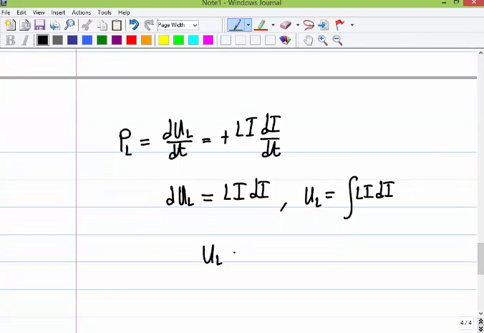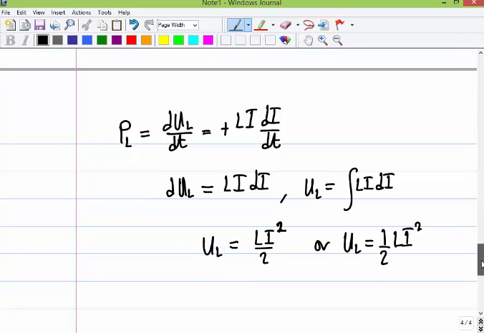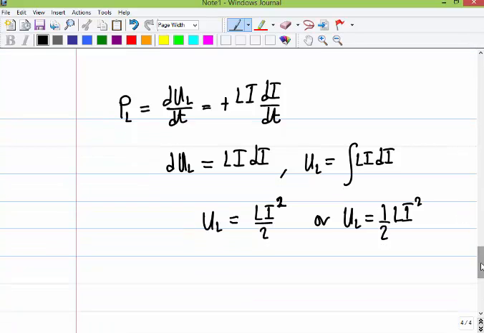So U subscript L, the energy stored in the inductor, is L i squared over 2, or half L i squared. You see it commonly written that way. This is the energy stored in the inductor. Okay.